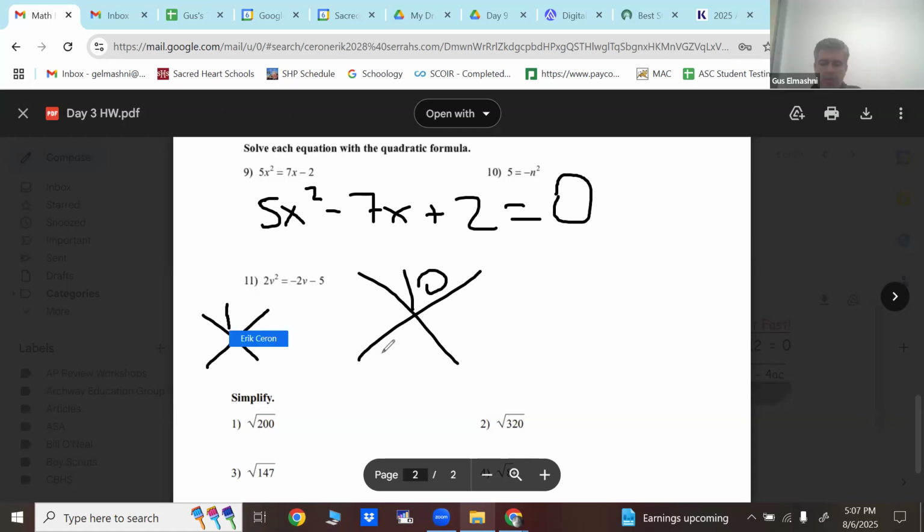And you always put b down below. So then this goes down here, or am I misinterpreting this? You put -7 down below.